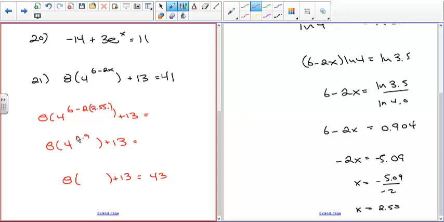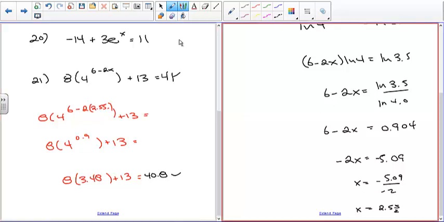So 4 raised to the 0.9 power, you get 3.48. 3.48 times 8. 27 plus 13, so I get 40.8 something, which matches up better. So it was my third digit there that I got incorrect.